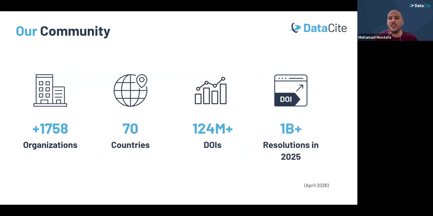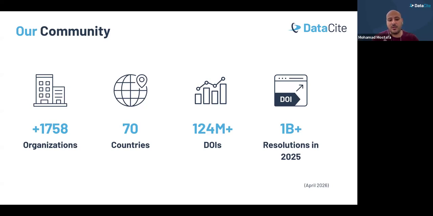We have universities, national libraries, NGOs, and national level organizations that work under a ministry, but want to support the Ministry of Higher Education, for example, and support their community. We have research and educational networks. We have museums now joining the DataCite community too. So we have a wide spectrum of organizations that join to benefit from our services.